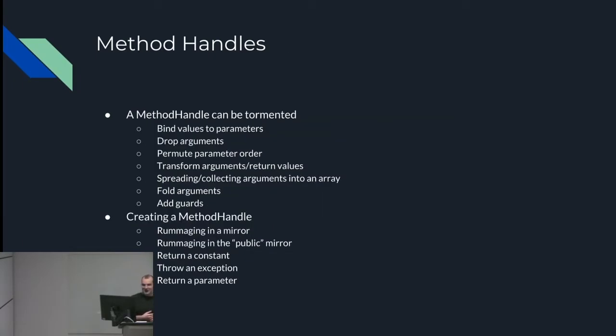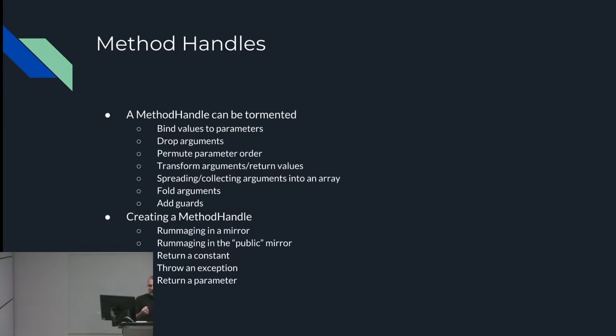The greatest thing about method handles is there's a whole set of APIs for converting one kind of method handle into another. So if you have a method handle that, say, takes a double and you want it to take an object, you can transmute that method handle from one type to another, and it adds the boxing for you.